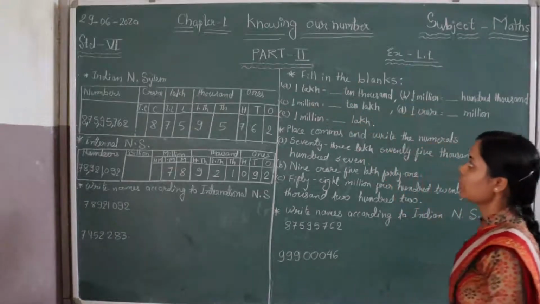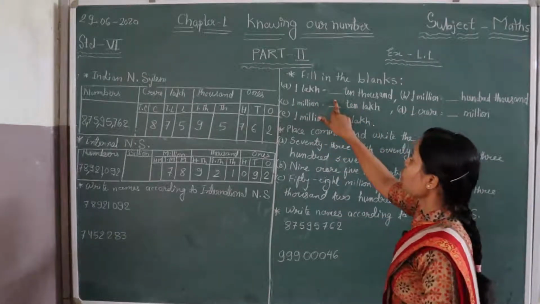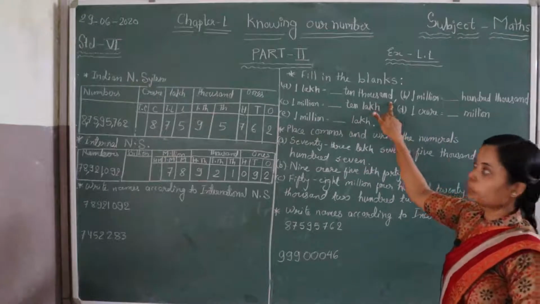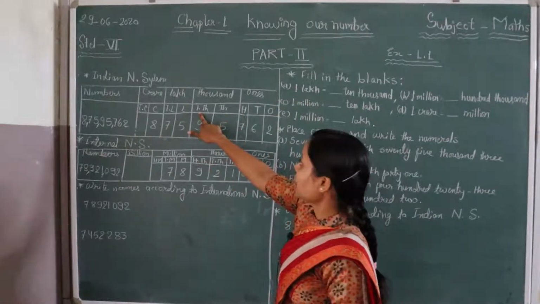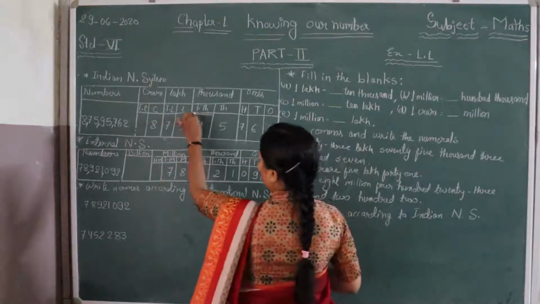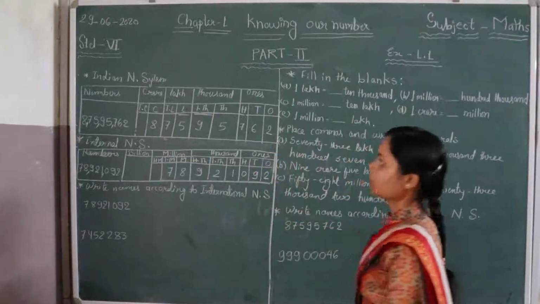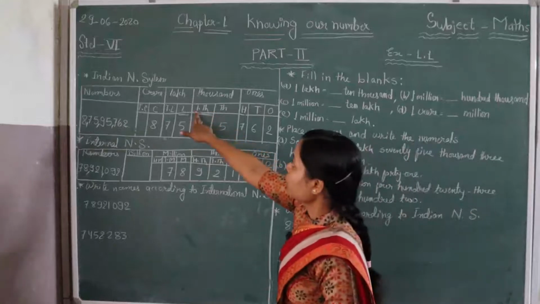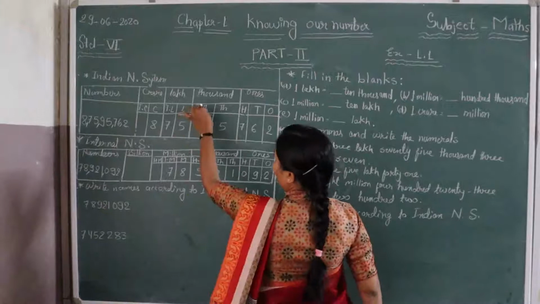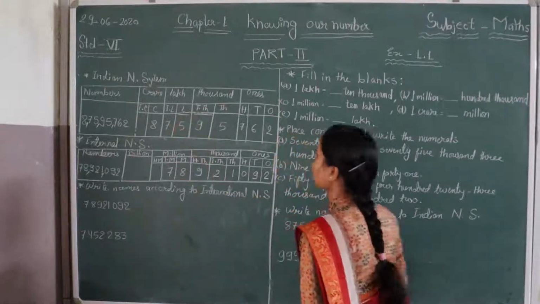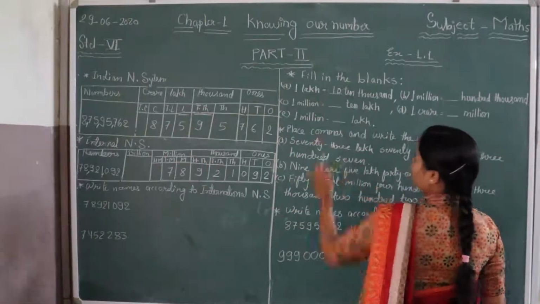Okay, so we will move to exercise 1.1. Firstly, we start filling the blanks. 1 lakh is equal to blank 10,000. If we go to the Indian number system, look at here, 10,000 here and lakh here. So if we multiply 10,000 by 10, we get 1 lakh.